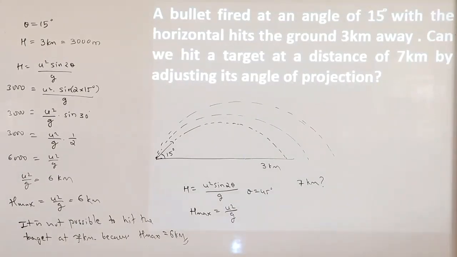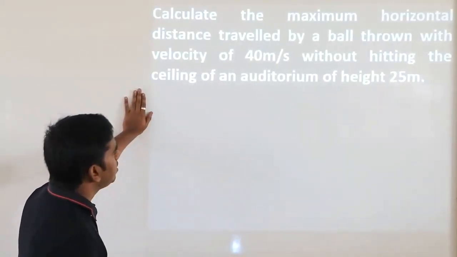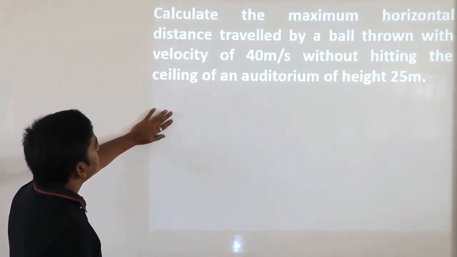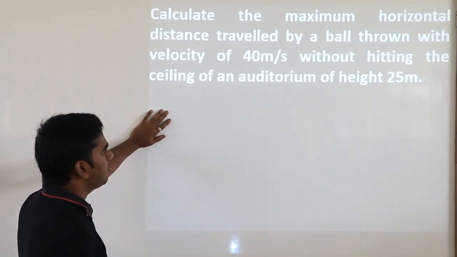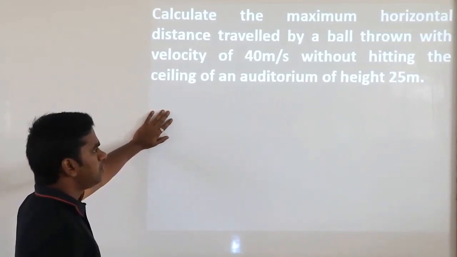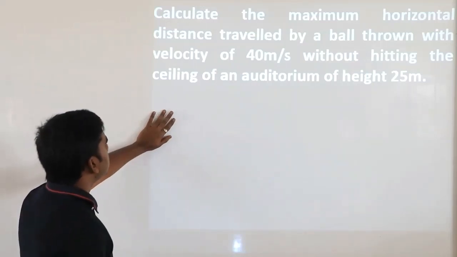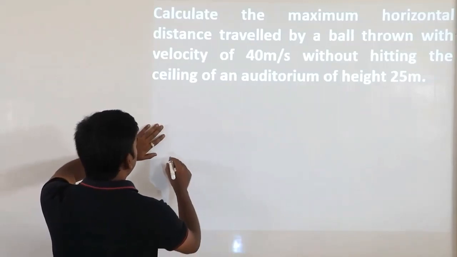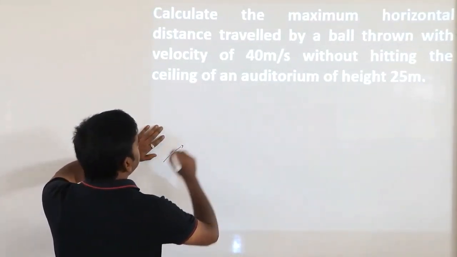Okay. Question: calculate the maximum horizontal distance traveled by a ball thrown with a velocity of 40 meter per second without hitting the ceiling of an auditorium of height 25 meter. Okay. So what they are saying is, a ball is thrown from here, and there is a ceiling.